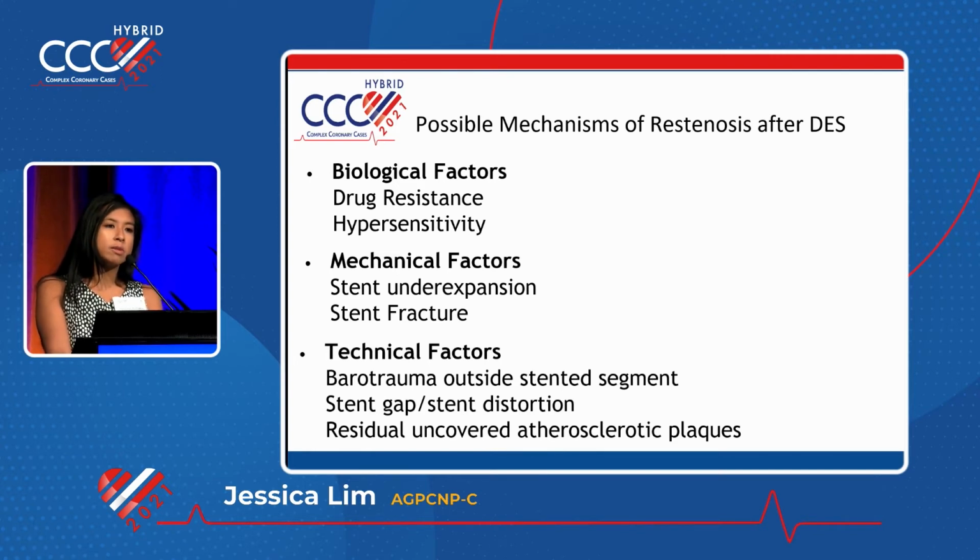So what we'll usually do is we can draw a PRU to see if the platelets reacted to the Plavix, and if not, switch it to another agent. Also, some mechanical factors such as stent underexpansion, stent fracture. So that's why it's very important for the interventionalist to choose the correct stent size, the balloon, the stent type.